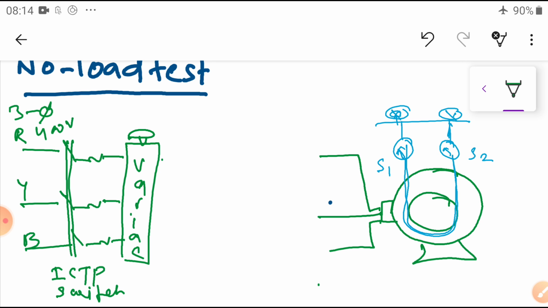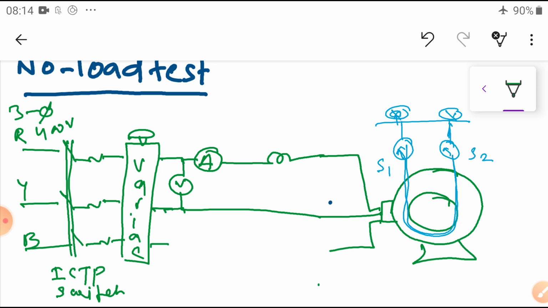Now the output of this variac is connected such that I connected one ammeter here and one wattmeter. Now I connected one voltmeter across these two lines, and connected to this one, and here also I connected one wattmeter, the CC coil, and it is connected to the PC coil to this one.